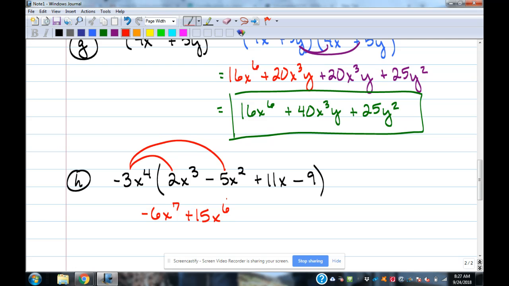The second one's going to be 4 plus 2, 6. What's the third term? Negative 33 x to the 5th. Last term: 27, plus or minus on that. So it's in descending order. There are no like terms to put together.